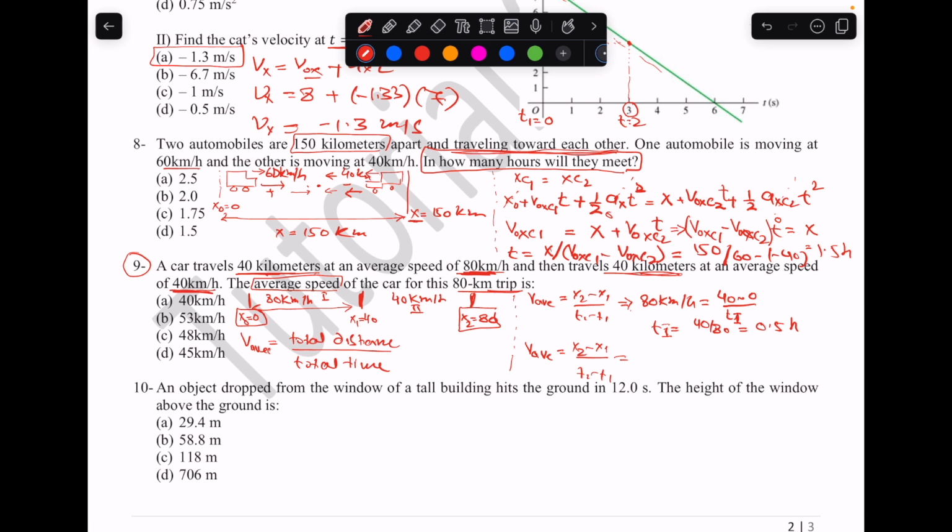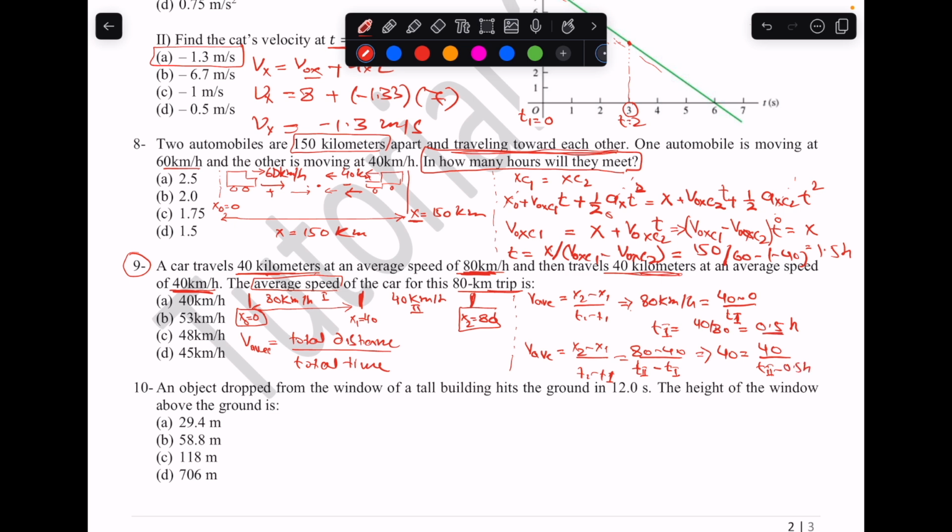Now your x2 is 80 kilometers, your x1 is 40 kilometers, and the time is t2 minus t1, which is 0.5 hour.